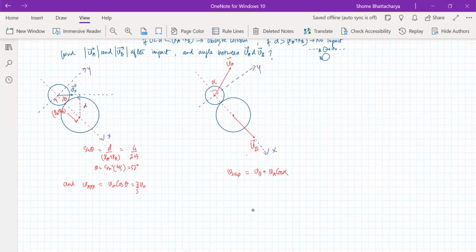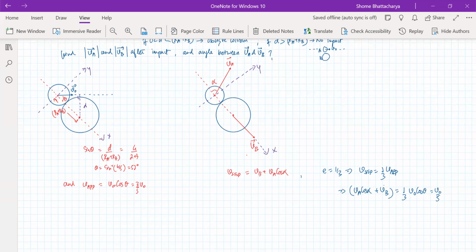We are also going to have to use the coefficient of restitution. e is equal to 1/3. So separation velocity will become 1/3 of approach velocity. So we will have this equation: VA cos alpha plus VB will be 1/3 of v0 cos theta, or it will become v0 by 5, because v0 cos theta is this much.